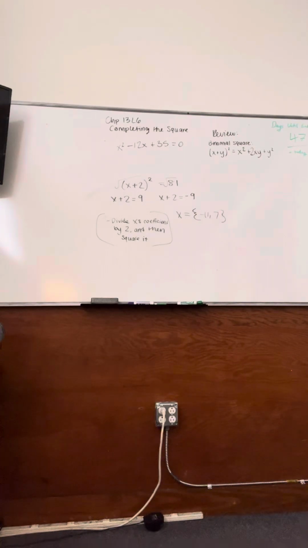Divide x's coefficient by 2, and then square that. So it's negative 6 squared, which means it's 36. So if we add 36 here, what else do we have to do? Add it over there. And now you can factor this because it has a perfect factor.